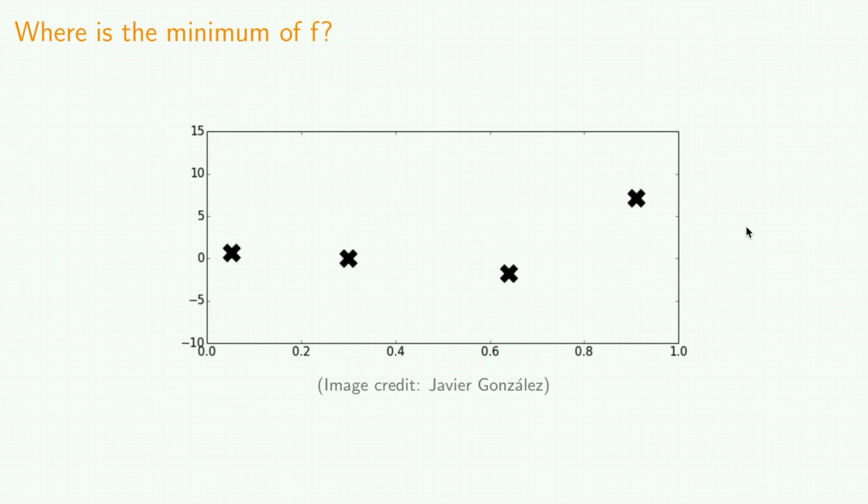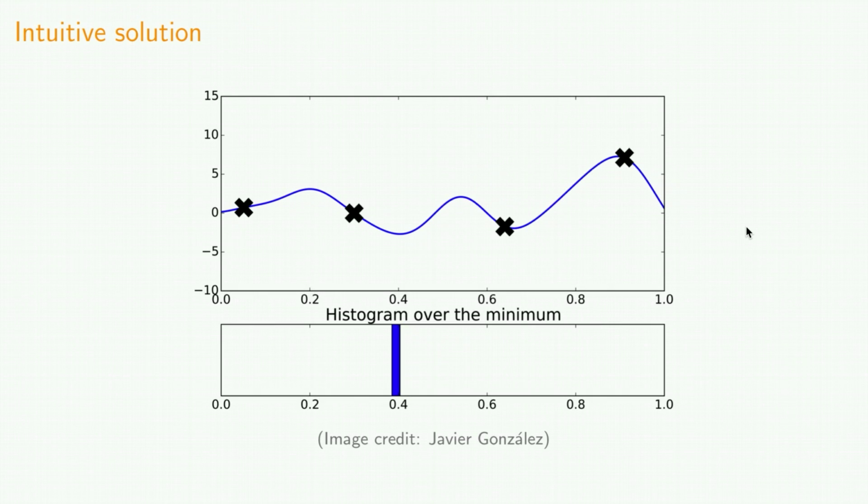We don't observe f, we just have some noisy evaluations of f. So we can draw a first function from the posterior Gaussian process, and this function is going through those evaluations, or very near these evaluations, and we find that here at location 0.4 is the minimum of the drawn function.